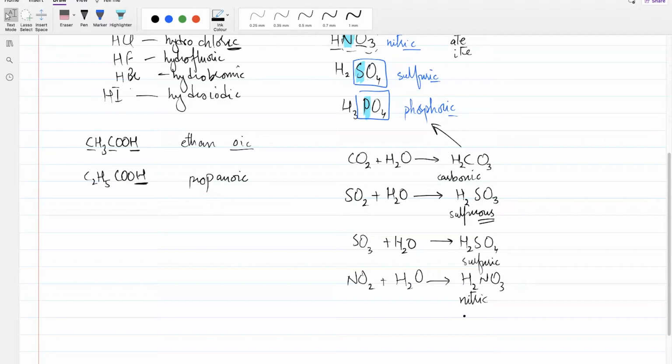Pretty smart. And if you let these things loose in the atmosphere, the atmosphere has lots of water vapor in it, and there are clouds filled with water. So if this gas goes up there and dissolves in that, it is going to come down as acid in the rain, which is called acid rain.